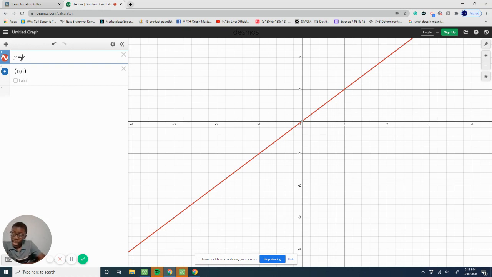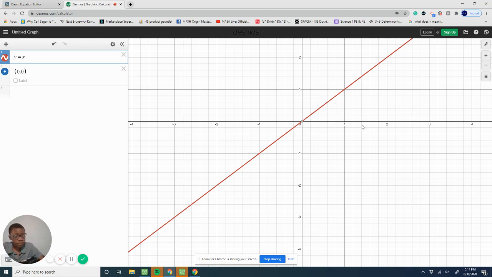So the coefficient of x is 1, and in linear and proportional equations, that coefficient is the slope. So here we have a slope of 1. What does that mean? The slope is basically how steep it is: for every time the x moves 1, how much does the y move?